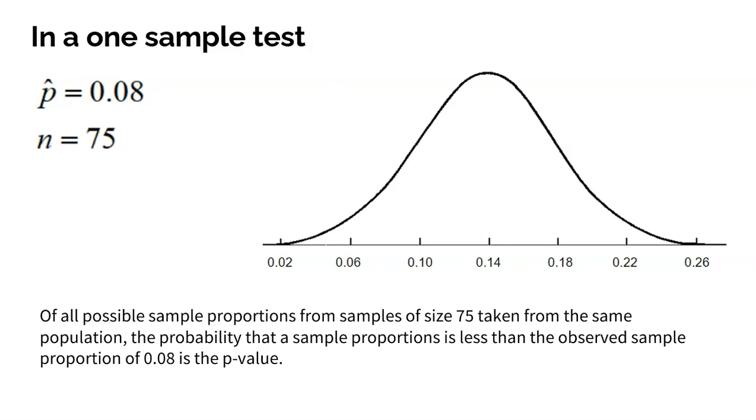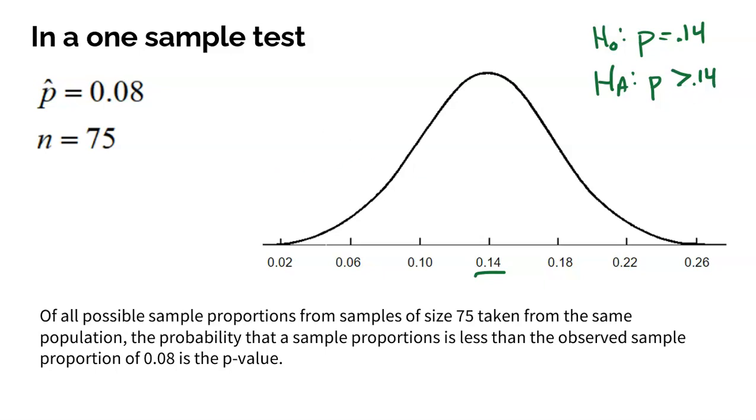Same situation, right? Null 14%. Now this time my p-hat is 0.08. So I actually want to point something out here. Think about this for one second. The null would be that, hey, 14% is what I read. That's what's going to go in the center. Now, if the alternative was that I think it's greater than 14%, well, I would actually stop.